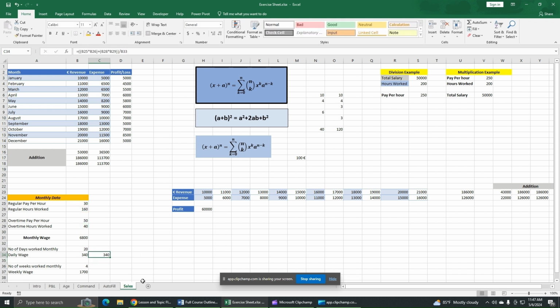Now I will show you how we can calculate weekly wage in one formula. We are starting with the equal sign.